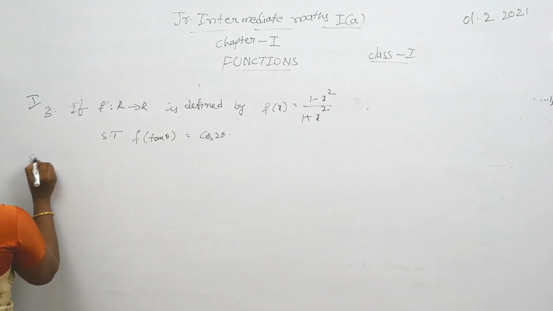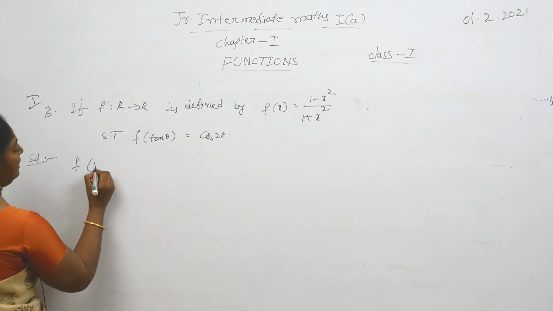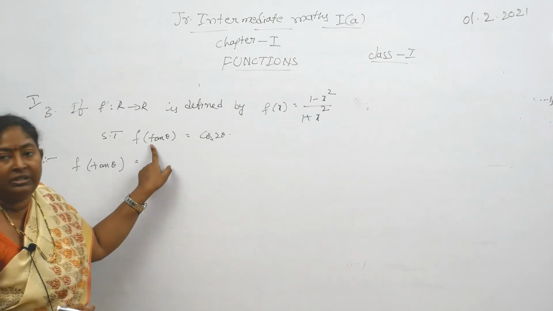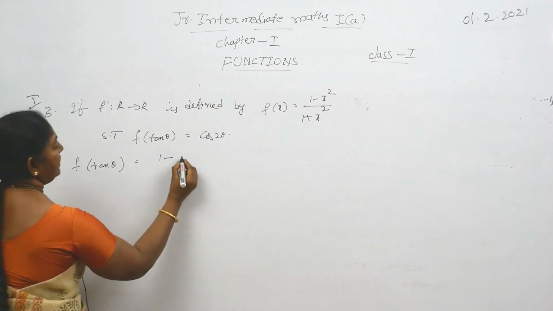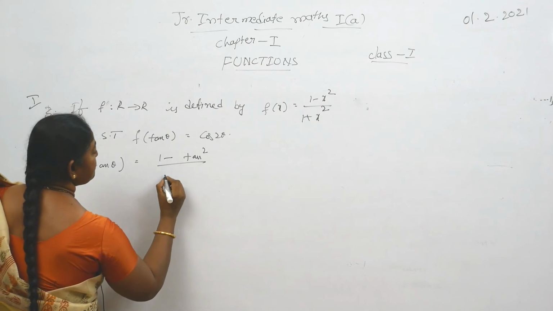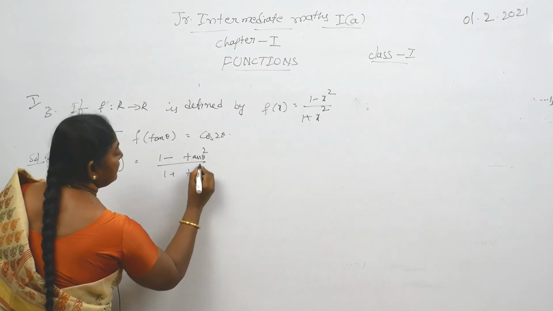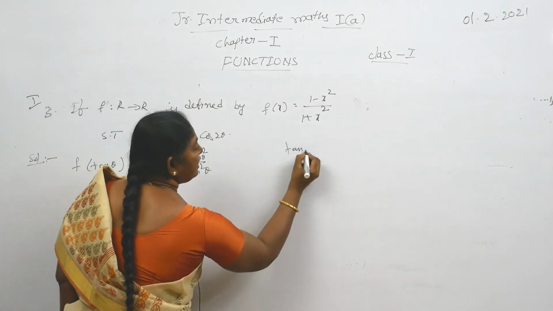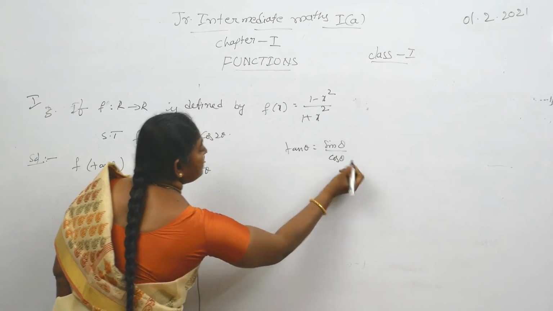So solution. F of tan theta. We have to substitute tan theta in place of x. So 1 minus tan square theta by 1 plus tan square theta. We know that tan theta equal to sin theta by cos theta.